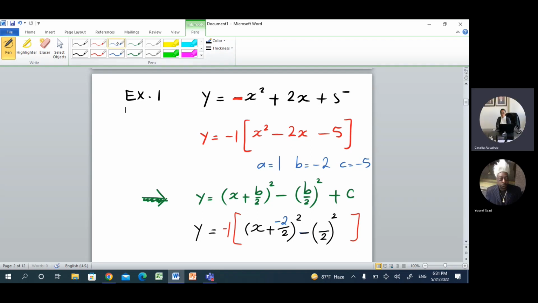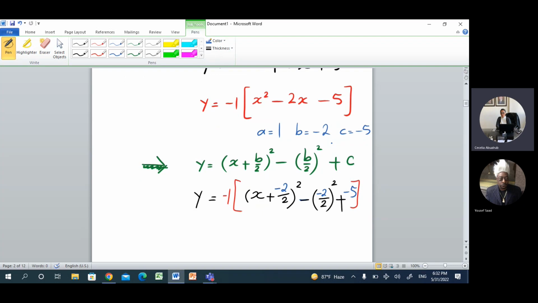And what is b again? It's -2. Okay? And then plus c, which is -5. So in this form that we should memorize that I wrote in green, you should only substitute the values of a, b, and c.